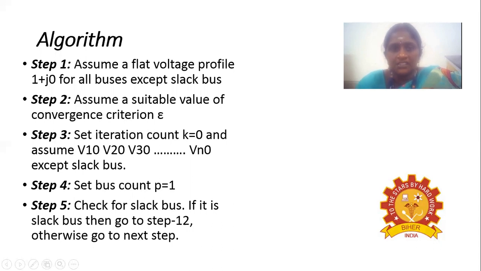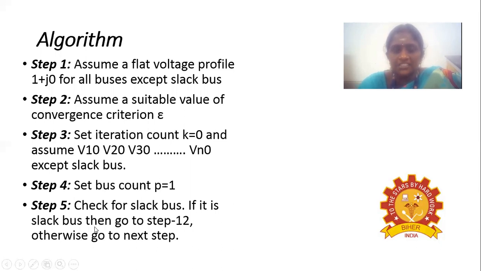Because in the slack bus, the magnitude of voltage and phase angle are given, there is no need to calculate them. Whatever the given value, it remains constant for the entire iterations. So for the slack bus, no calculation is needed.